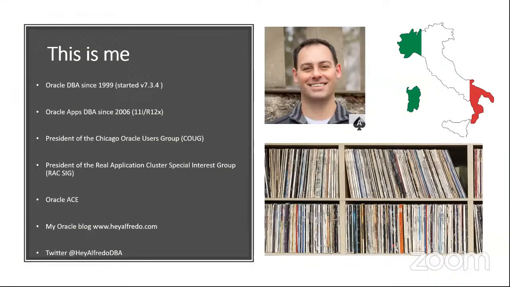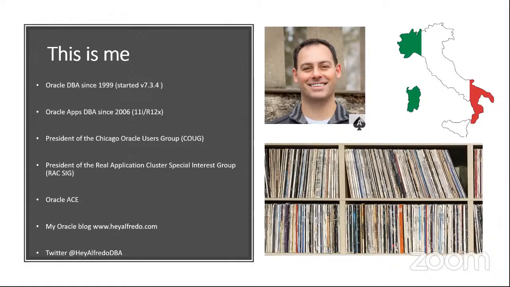For those of you that are Chicago Oracle User Group members, you probably already know some of this about me. I've been working with Oracle software since about 1999, mostly as an Oracle DBA, Oracle Applications DBA since about 2006 with eBusiness Suite. Obviously, president of the Chicago Oracle Users Group, also president of the Real Application Cluster Special Interest Group, or RACSIG.